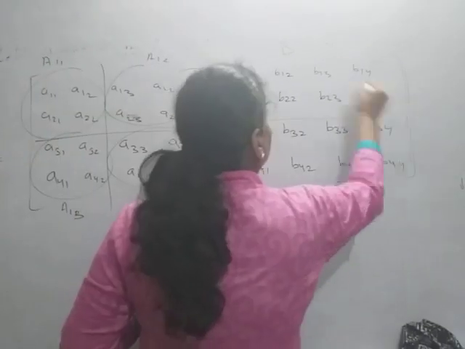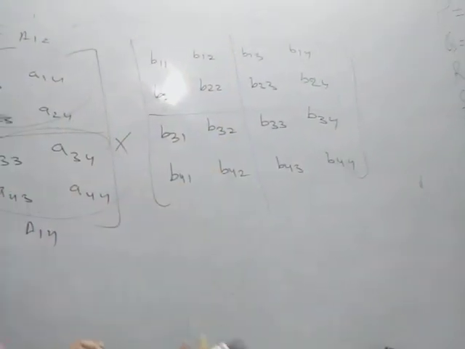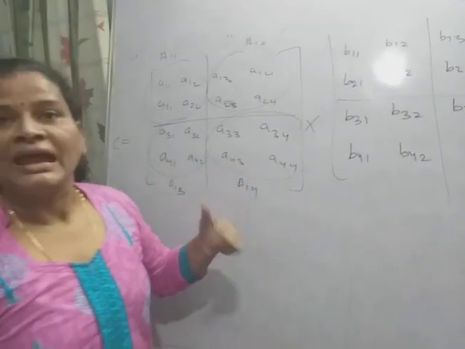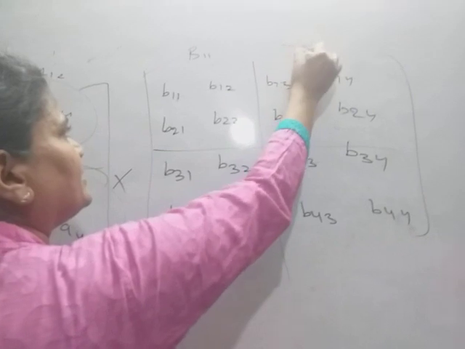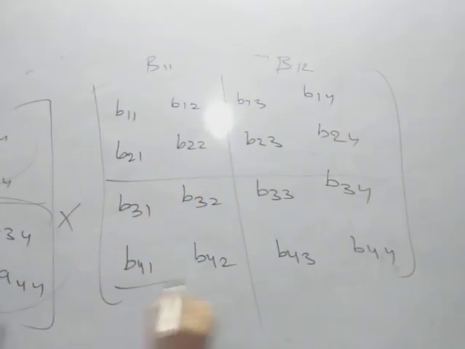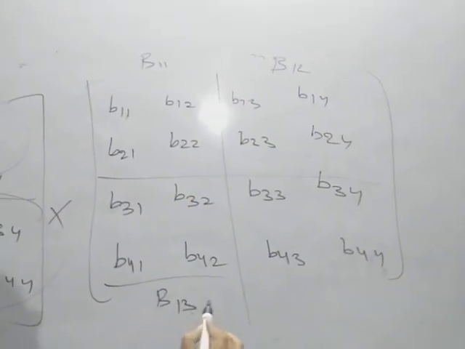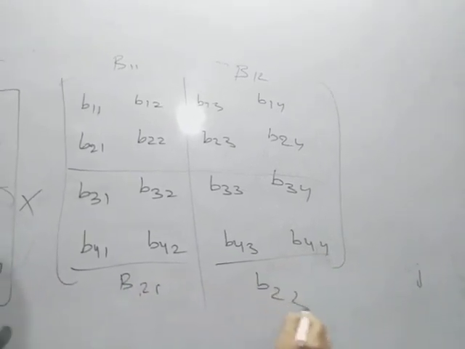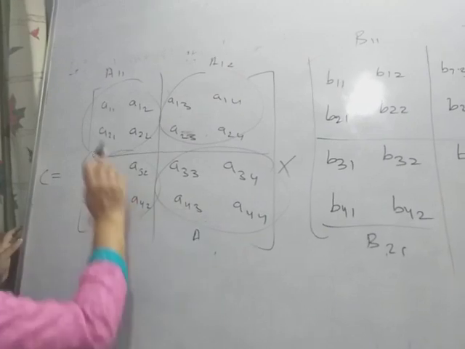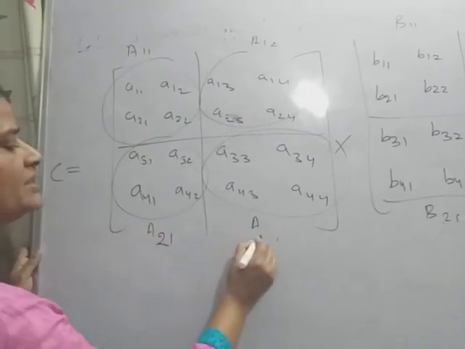The same way, the B matrix is divided into 4 matrices of order n by 2 cross n by 2: B11, B12, B21 and B22.